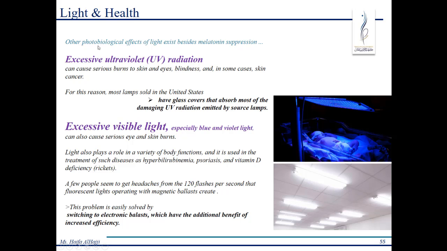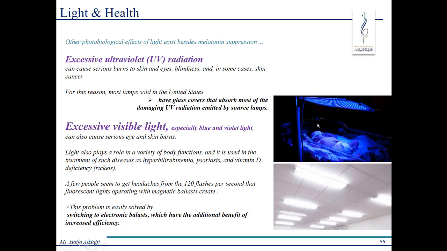So this is just telling us that light is very important for us, but ultraviolet radiation or light near the visible spectrum, especially near the blue and violet light, sometimes has some issues for humans. For example, ultraviolet radiation can cause burns, and it can cause a couple of issues, although sometimes it's used for certain treatments.